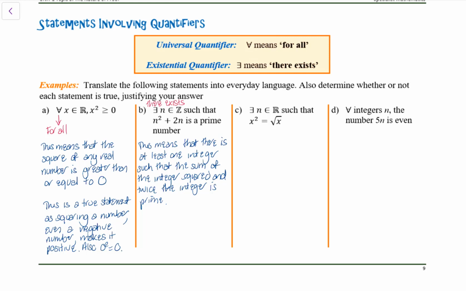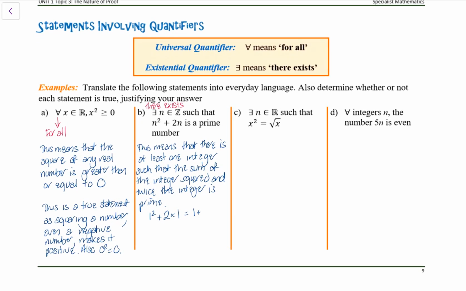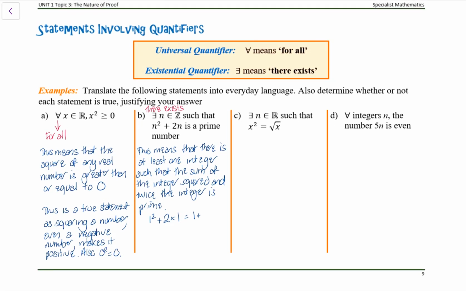Is it a true statement? Well, 1 squared plus 2 times 1, so if n is 1, would be 1 plus 2, which equals 3. 3 is prime.